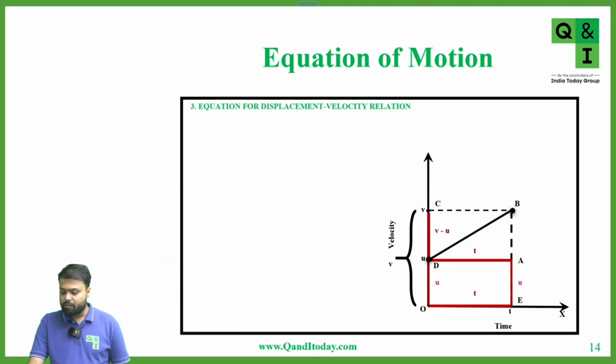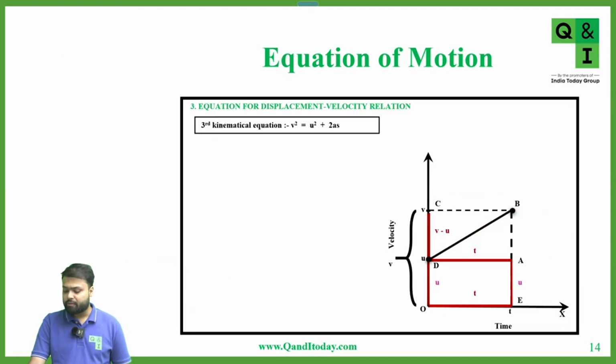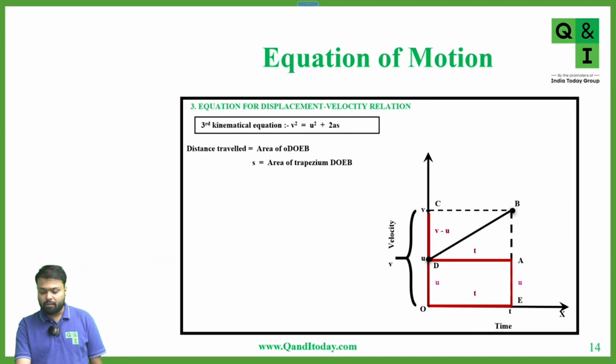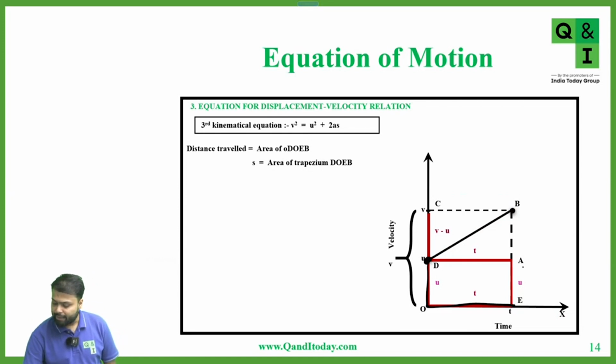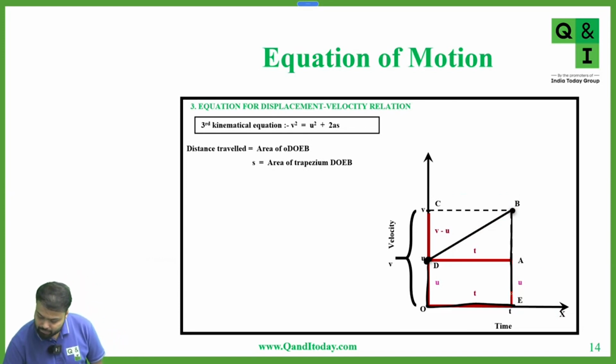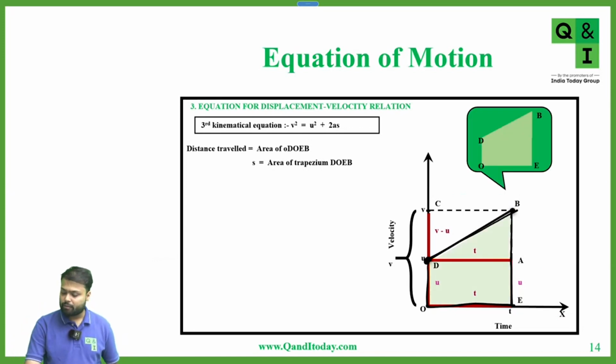Very good. Now we'll see the third equation of motion, which is the displacement-velocity relation, which is v square is equal to u square plus 2as. Again here the distance traveled is equal to the area of the trapezium DOEB.